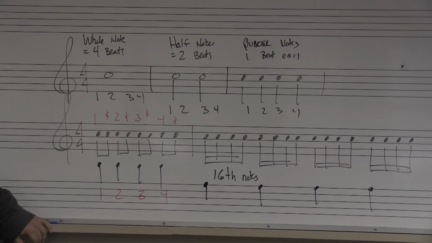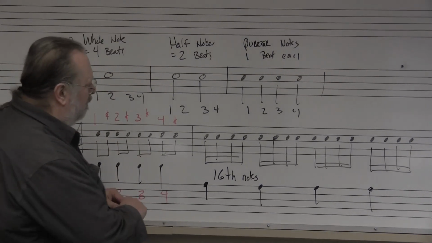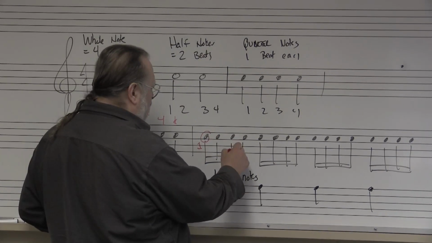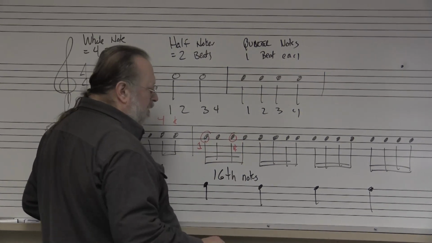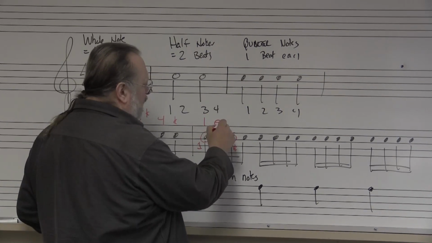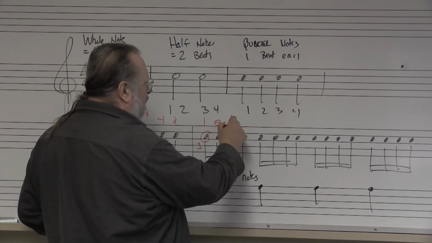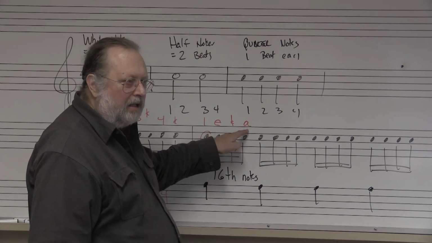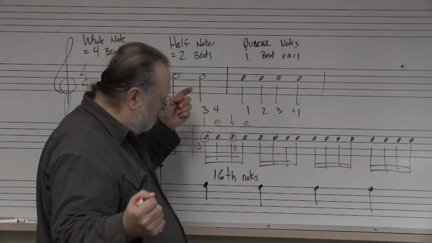So we gotta use this little E letter. So we're gonna count like this. Here's beat 1, right? And here's and, right? Right there. So we got 1 E and ah. Everybody say it with me. Good.